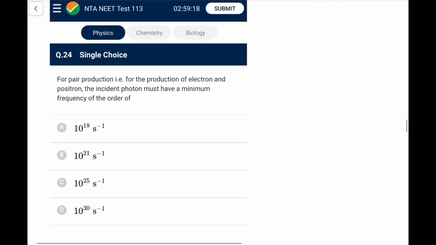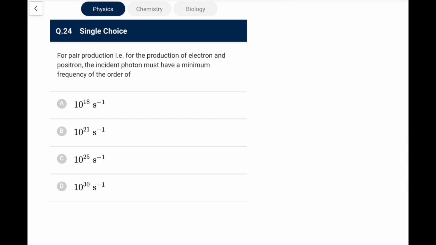Next one, for pair production, that is the production of an electron and a positron, the incident photon must have a minimum frequency of the order of? The rest mass energy of an electron is 0.51 MeV, so for both it becomes 1.02 MeV. So the frequency of the order of MeV you need. Energy is h nu.